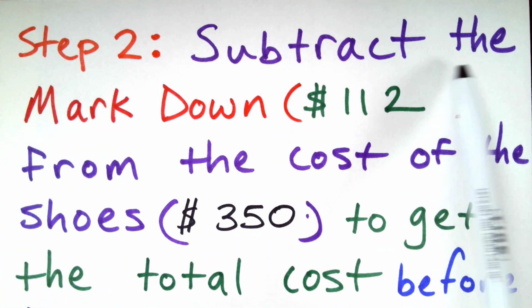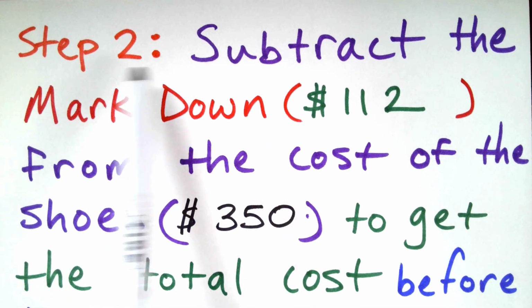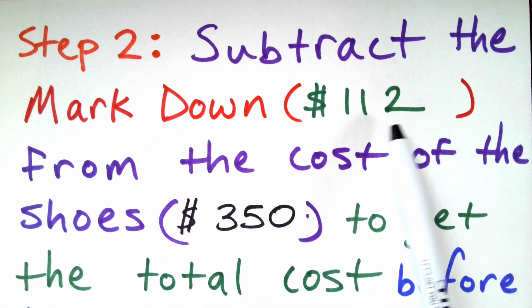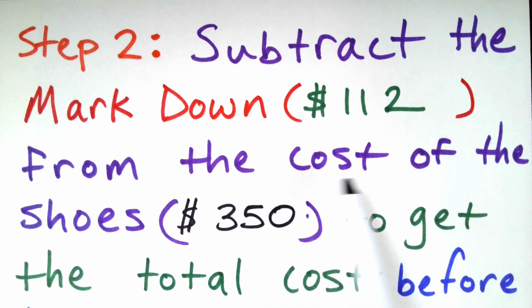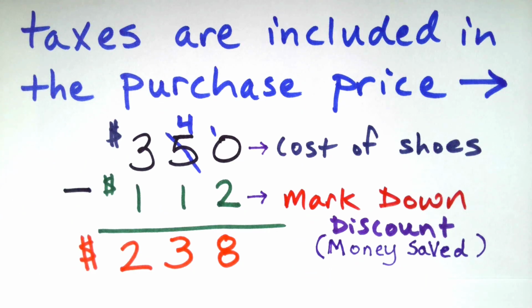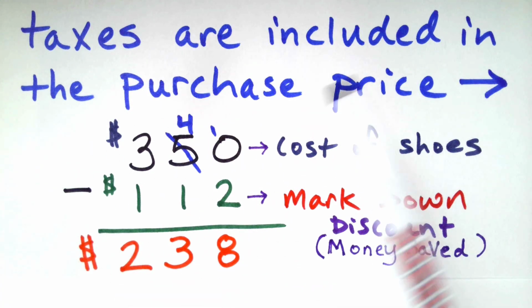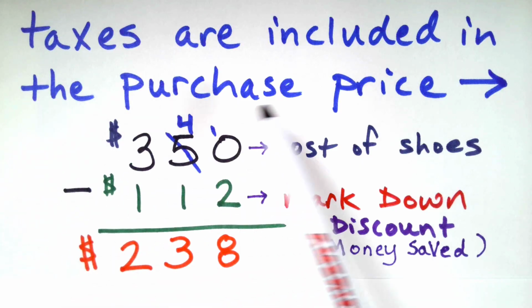Step 2, you want to subtract the markdown, right? Markdown is your discount of $112 from the cost of the original price for the shoes, which was $350, to get the total cost before taxes, of course, before the taxes are included in the purchase price.